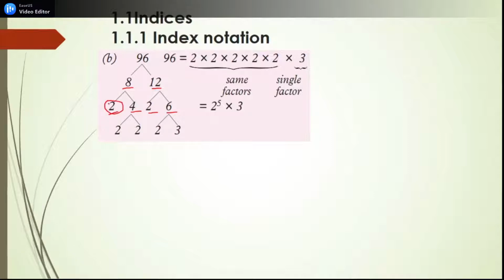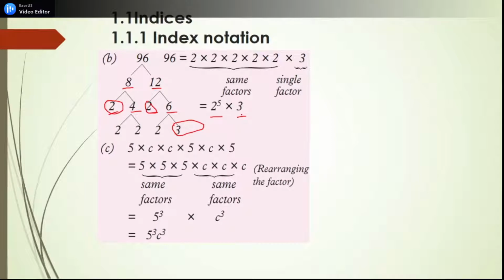You can write it as 2 power 5 times 3. This means 96 is equal to 2 power 5 times 3.